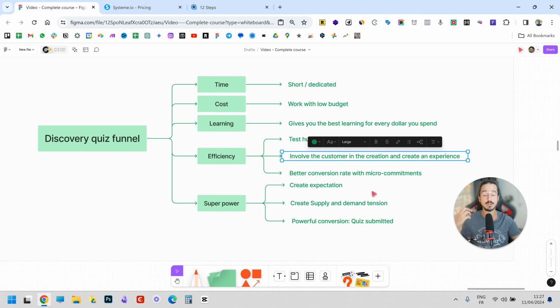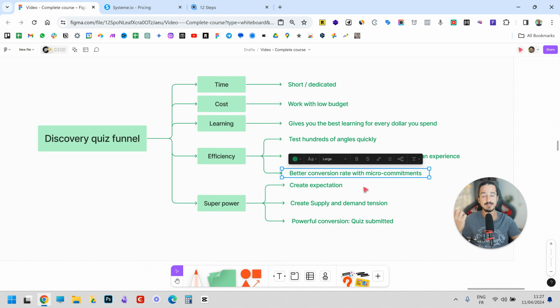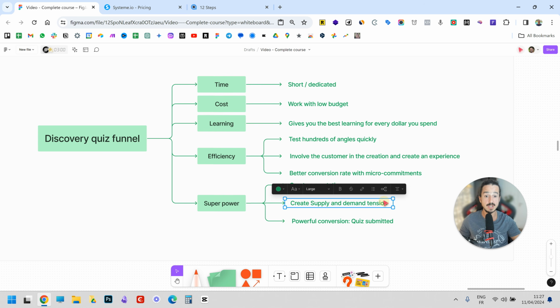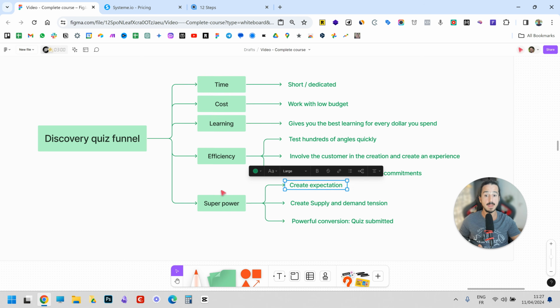You involve the customer in the creation of the product, and you also have a better conversion rate, meaning it is better to use a quiz rather than simply saying, hey, leave me your email address, we are launching soon. Why? It is because it's using the power of micro commitments. When people start doing something, they want to finish it. So yeah, it is also increasing the conversion rate of your waiting list.